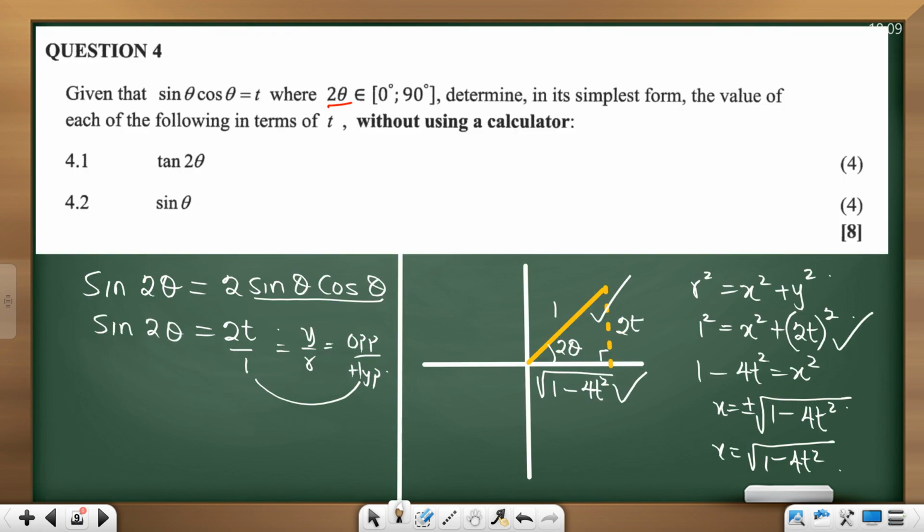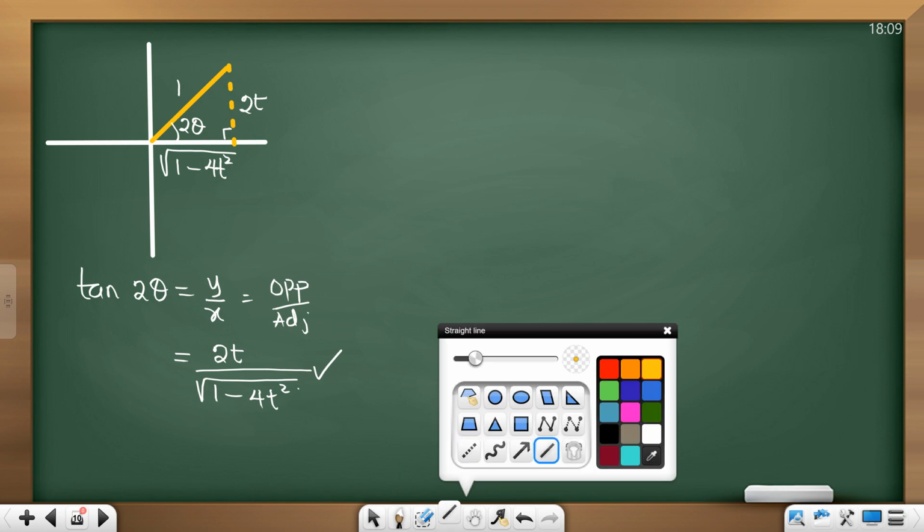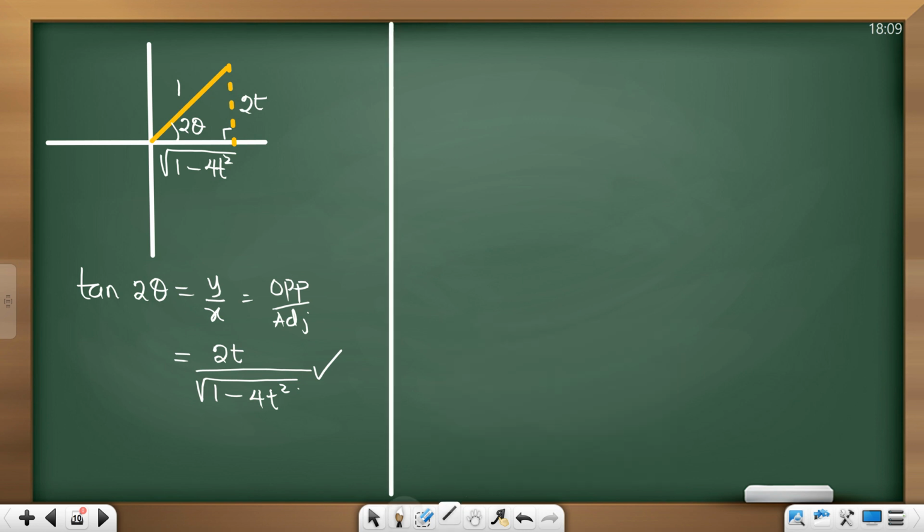What are we looking for now? Sine what? Theta. It's a single angle now. But the examiner is working with what? Double what? Angles. How? We are looking for sine what? Theta. How can you get this from 2 theta? Don't say divide by 2. We are not dividing.